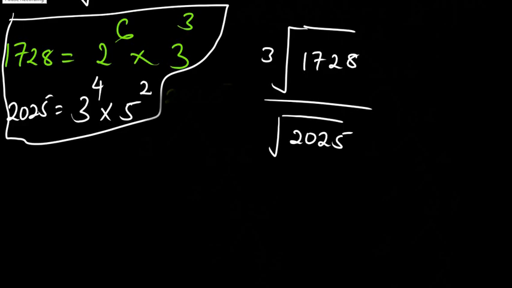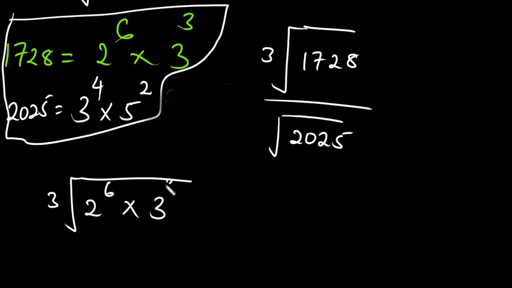Now, what we are going to do is replace 1728 with its prime factors. So we're going to have the cube root of 1728, and instead of having 1728, we're going to write 2 to the power of 6 times 3 cubed, that way.